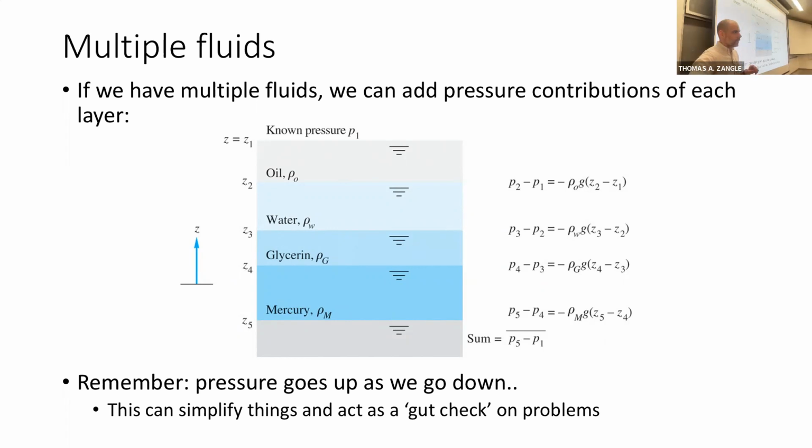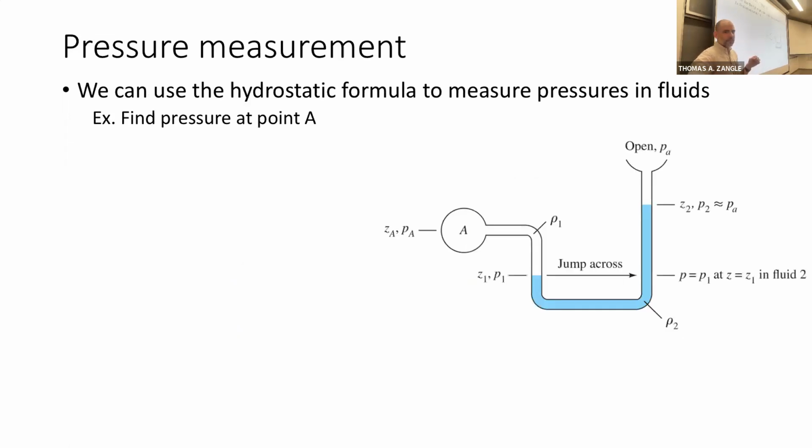I know I keep saying this, and it seems like it should be obvious. But when we start dealing with more complicated situations, like this one, where we now have a fluid in some weirdly shaped tube, remind yourself, the pressure goes up as we move down.